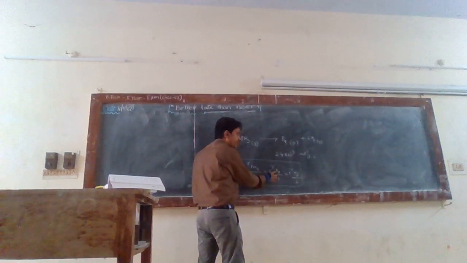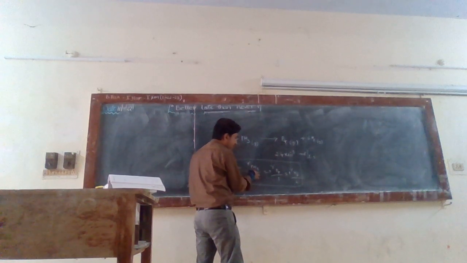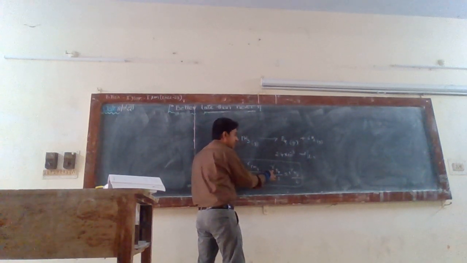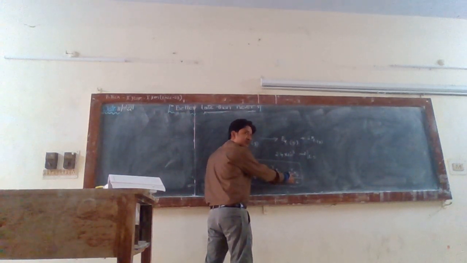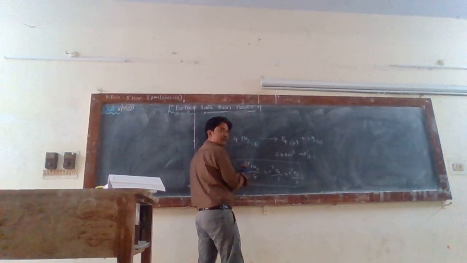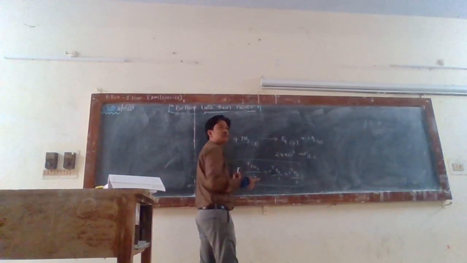Rate of formation of P4 is equal to 1 into rate of decomposition of PH3 by 4, and this value is already known. Similarly, can't you get rate of formation of hydrogen? Rate of formation of hydrogen is equal to 6 by 4 times the rate of decomposition of PH3. Already this value is known.